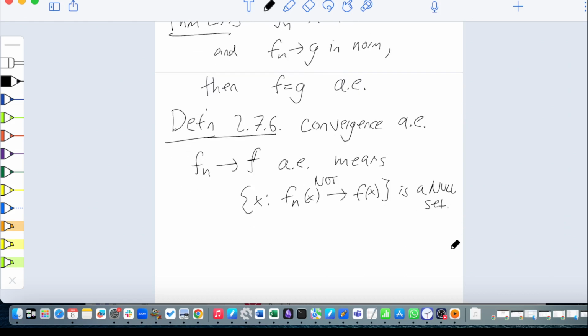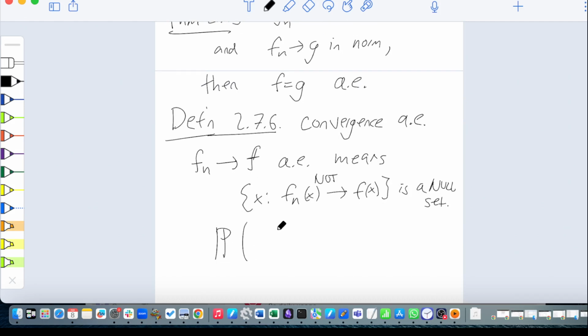And in probability language, you would say the probability that the limit of Fn of U equals F of U is 100%, 1. So you have some sequence of functions, and the probability that it's converging to F is 100%.